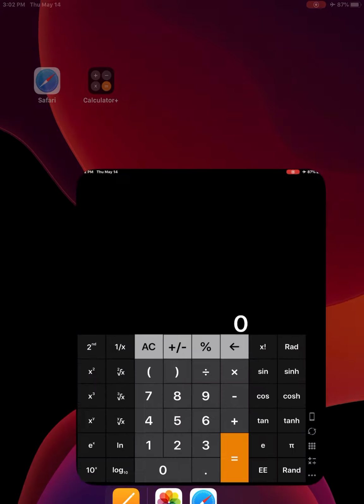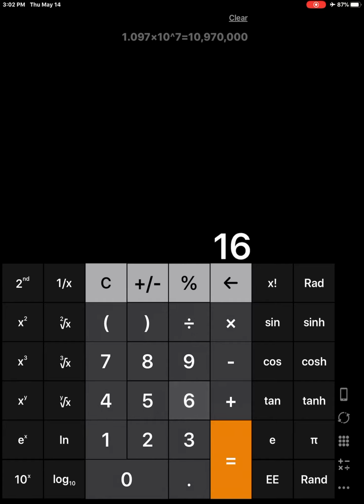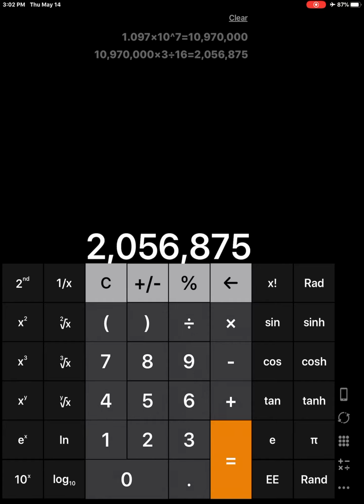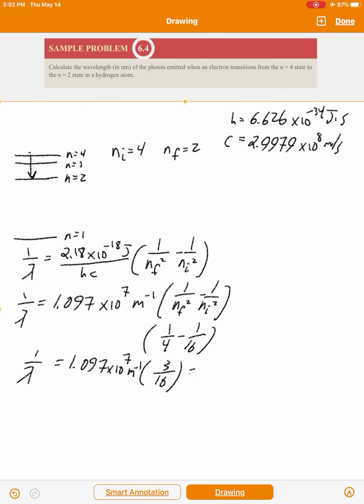So 1.097 times 10 to the 7th, that's a big number, that's the Rydberg constant, times 3 divided by 16. And you get 2.057 times 10 to the 6th, again, reciprocal meters.